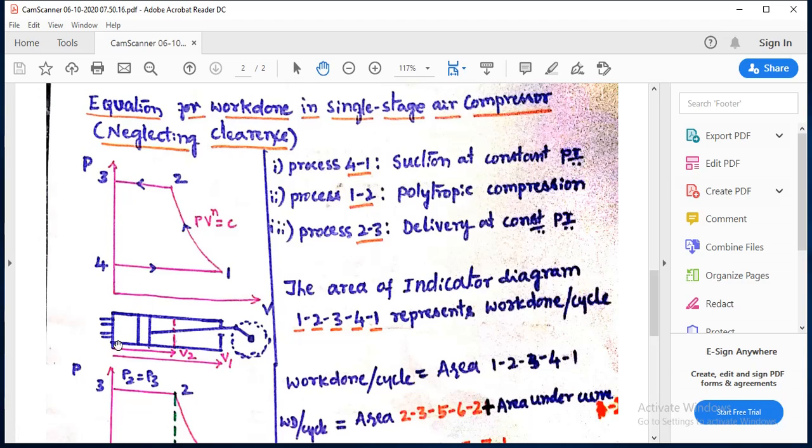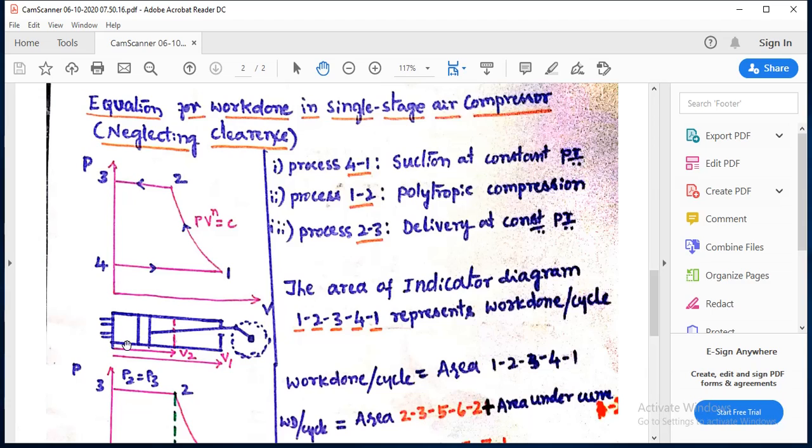See that the piston travels from this end, cylinder head side, to the crank end. So this is the crank end and this is the cover end. So the piston travels from cover end to the crank end.